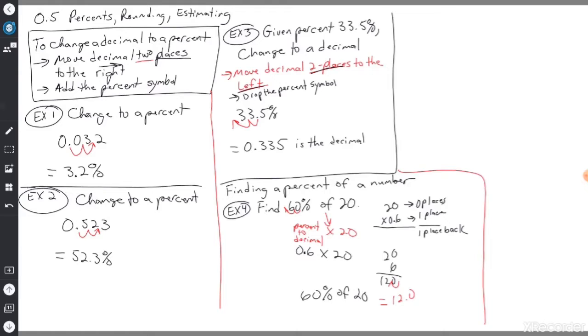So looking at another one like that last example. Let's see, 6% of 83.